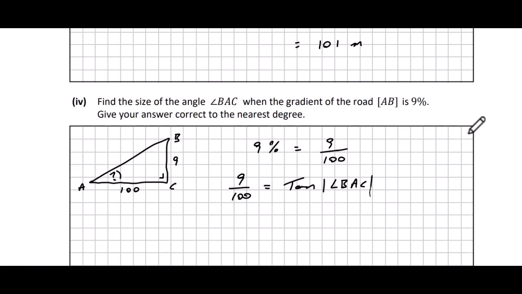So all we've got to do then is get tan inverse of 9 over 100 to give us the size of the angle BAC. When you do that, you get 5 degrees, to the nearest degree.